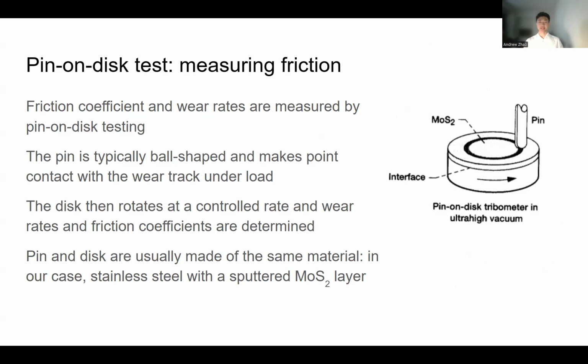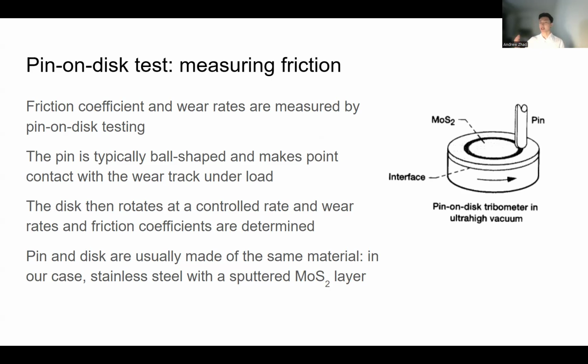Well, there's this test known as the pin and disc test, which measures friction on a surface. What happens is that you have a pin and you have a circular surface, a disc, you could say. And in this experimental setup, both the pin and the surface are made of molybdenum disulfide. If you do it in ultra high vacuum, you can spin the disc containing molybdenum disulfide on some kind of stainless steel substrate, and it makes contact with the pin under load.